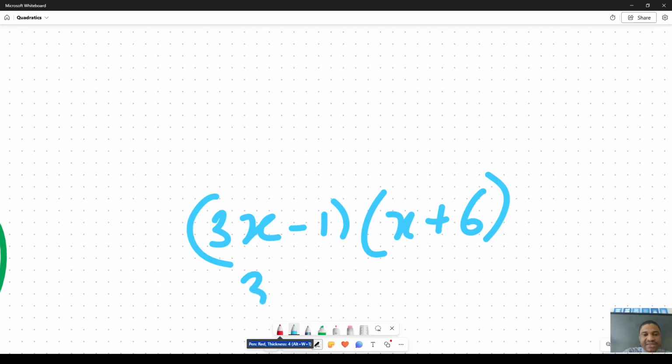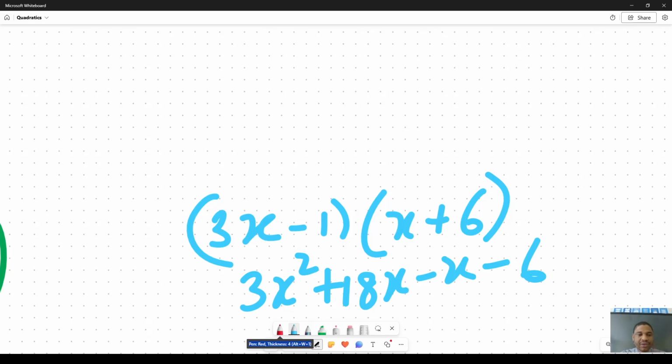So if I expand this, I get 3x squared, then plus 18x minus x minus 6. So that will give me 3x squared plus 17x minus 6.